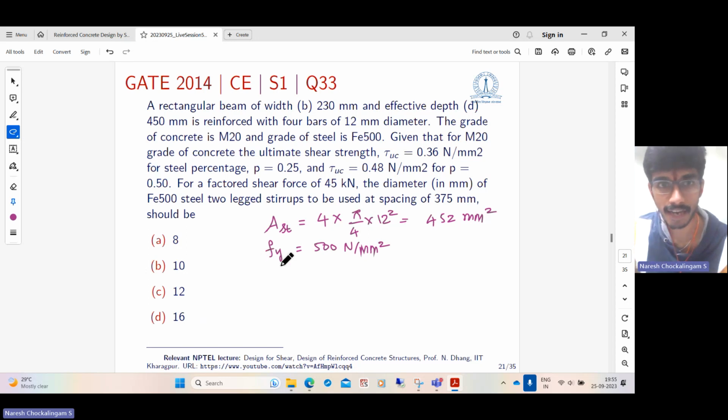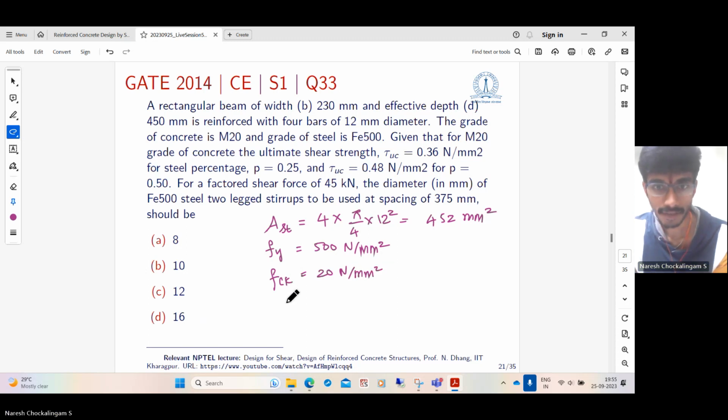Given that for M20 concrete, FCK is equal to 20 Newton per mm square. And they are giving two scenarios.